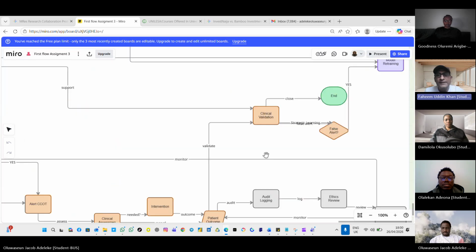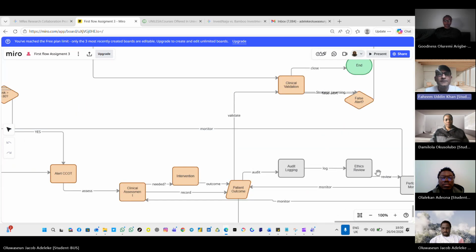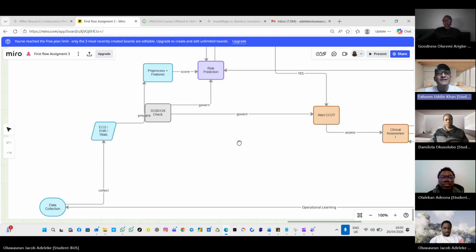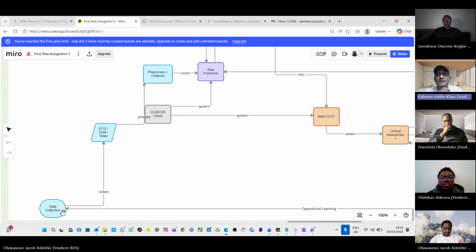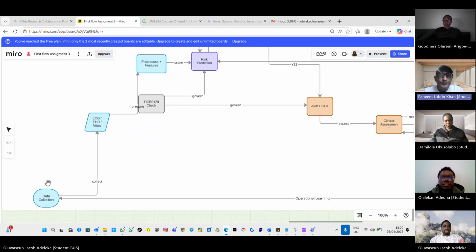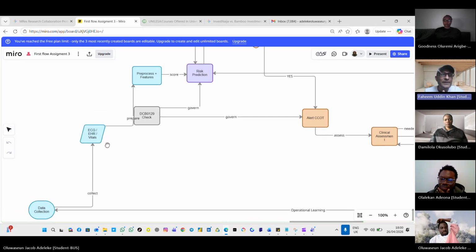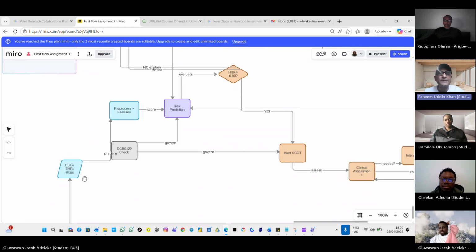Before any AI system begins analyzing a patient, everything starts with data, but not just basic data. We are using multi-modal data collection. This means we collect different types of patient information at the same time, including ECG telemetry, which shows real-time heart activity, and electronic health records, which contain the patient's medical history, like past illnesses, medicines the patient was taking, all the test records, and doctor notes from every visit.